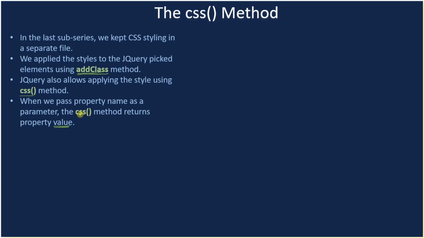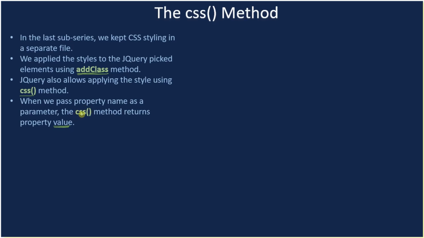So it goes like this. Using the dollar method or any DOM element, you can make a call to the CSS method. When you use the dollar method, you can pass the selection string and it returns an object. We know that, right?